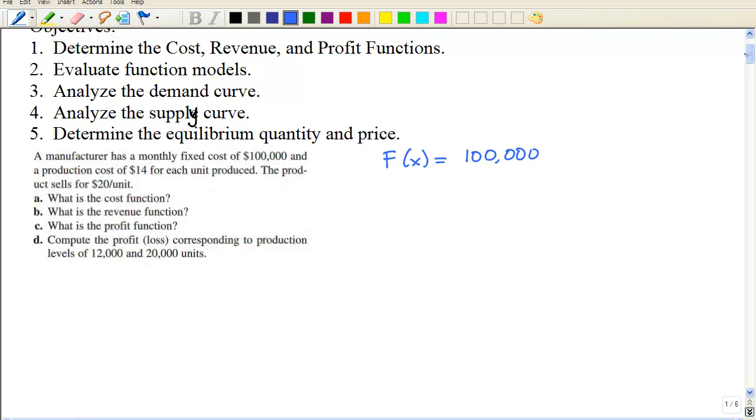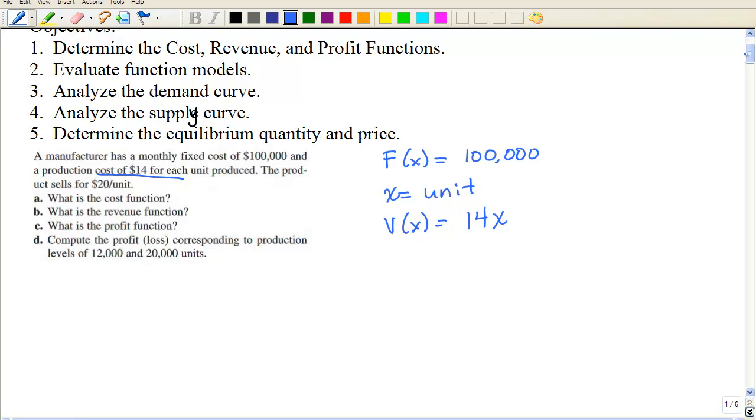And then we have a production cost of $14 for each unit. So if I let X be each unit, then what we would call the variable cost would be 14 times X. So if I made one unit, it cost me $14, so it'd be $14 plus the 100,000. And so every unit I have, it would cost me $14.